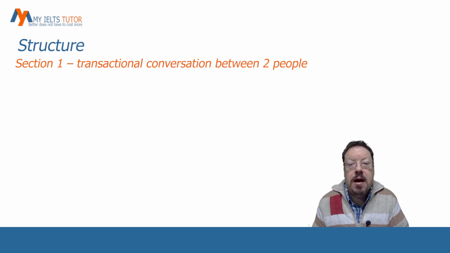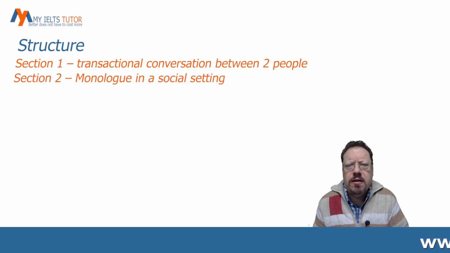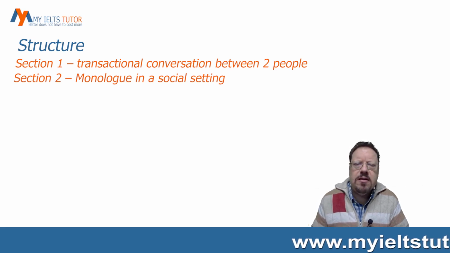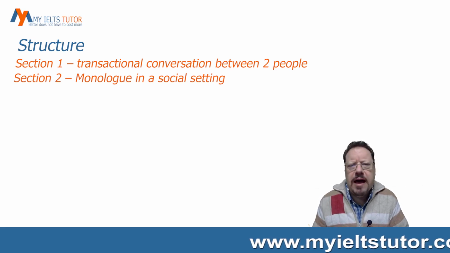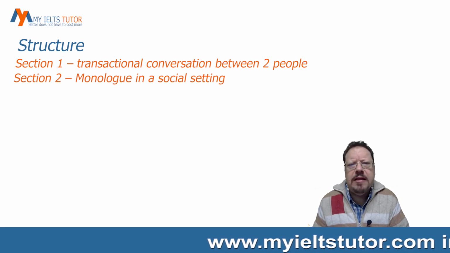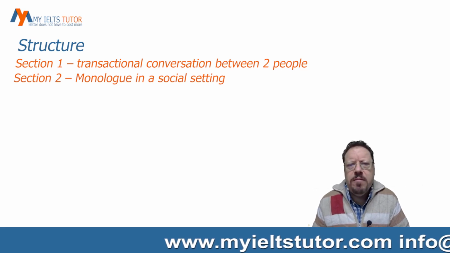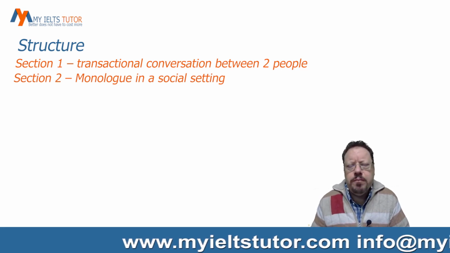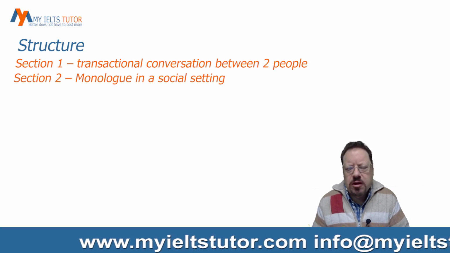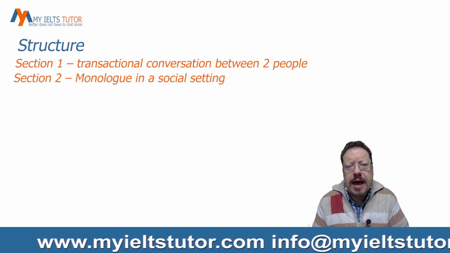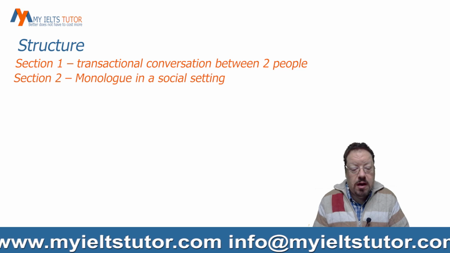Section 2 is a monologue, which means one person is talking, and this is in a social context, a social situation. And so this could be a tour guide of a museum talking about the different attractions of the museum, or giving directions for the map of a park and such.